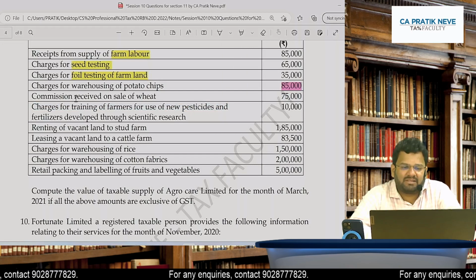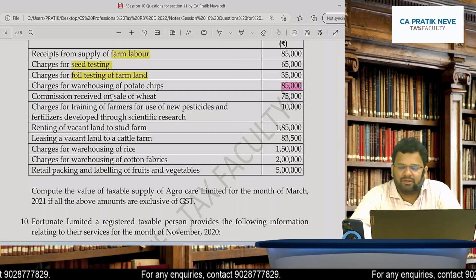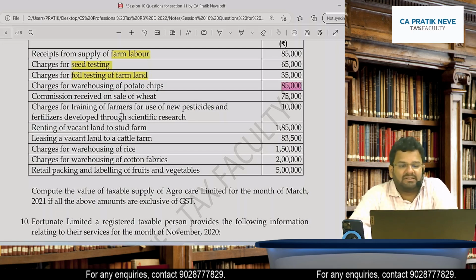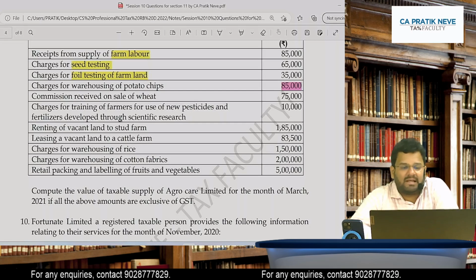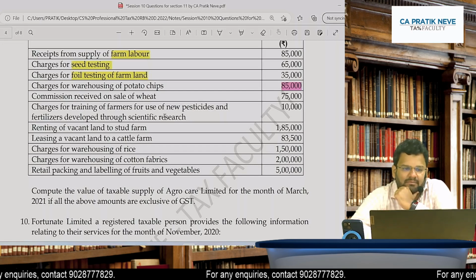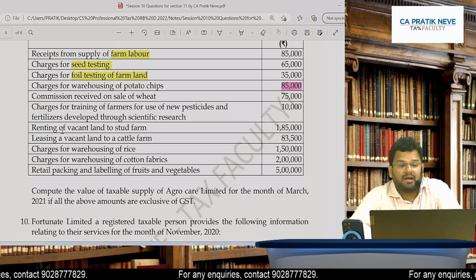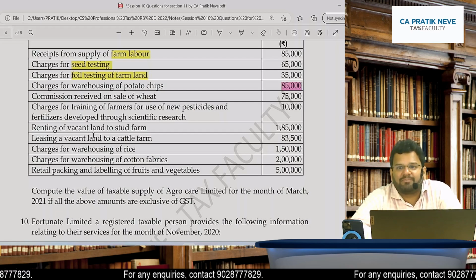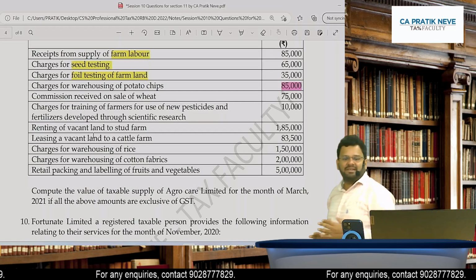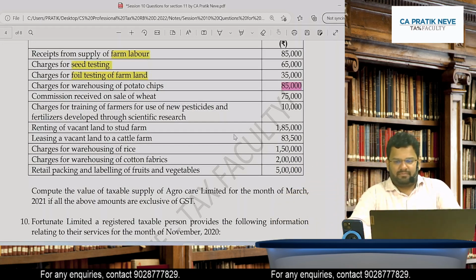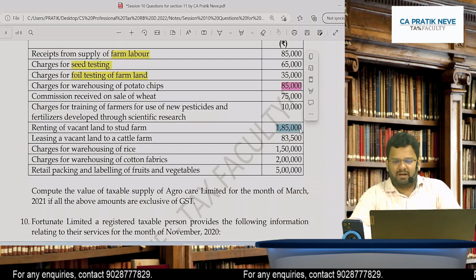It is specifically said that agency services were for sale of wheat. Charges for training of farmers for use of new pesticides and fertilizers developed through scientific research, exempt. Very good. Then renting of vacant land to stud farm. Stud farm means it's related to horses, so it will become taxable.